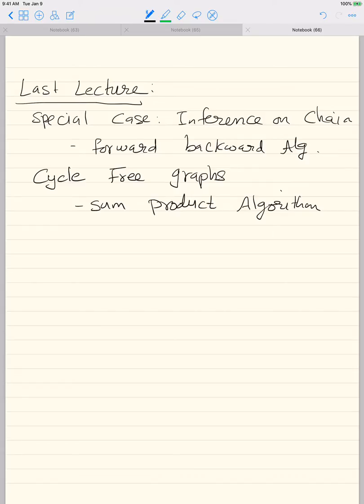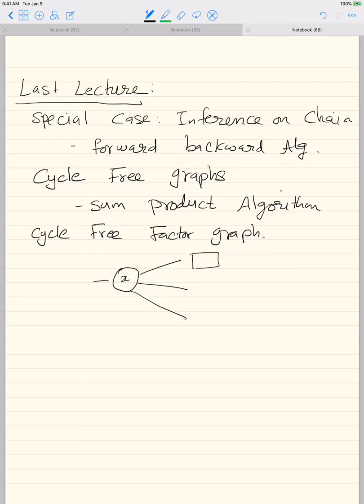So we consider a cycle-free factor graph. In this graph, it is clear that if we consider any variable node x, it is connected to various factor nodes. fs is one factor node, these are other factor nodes. Each of them in turn is connected to other nodes in the network.